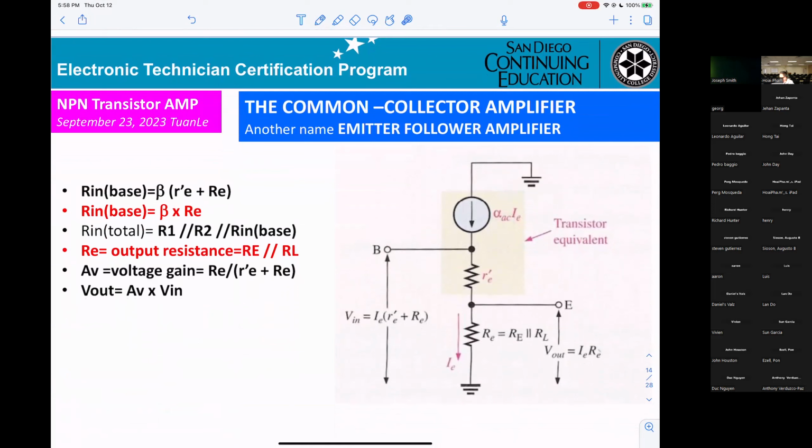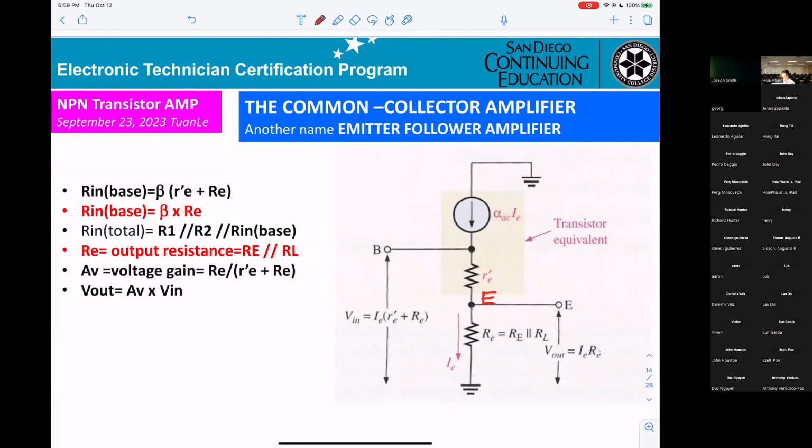This is r'e, that means the emitter right here. Okay, in the AC, same thing. From the base to the emitter, you get the resistance r'e, and that equals 25 millivolt divided by IE for bipolar.